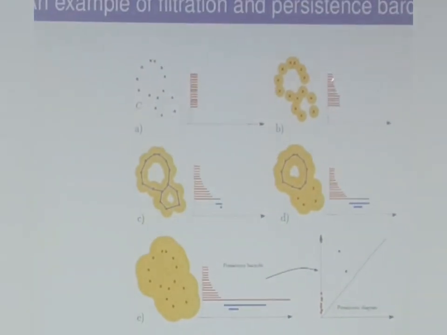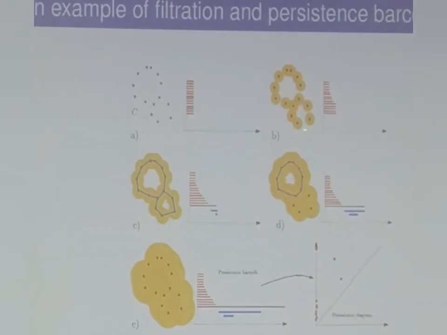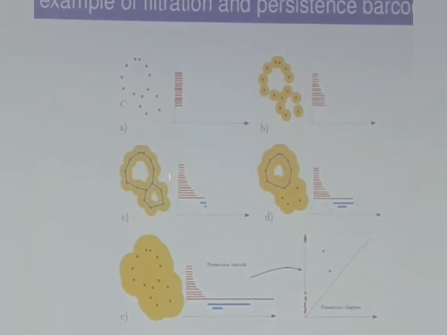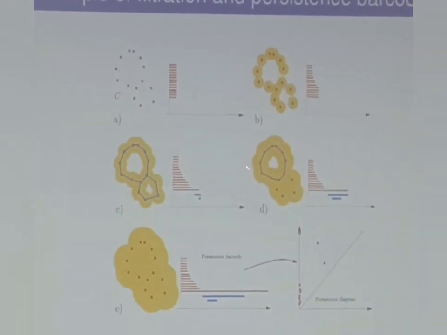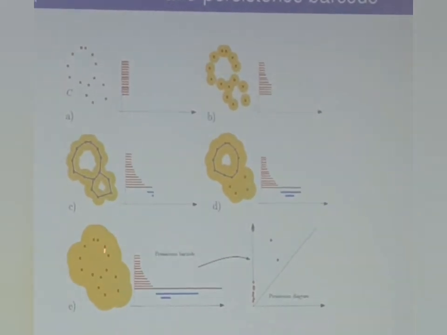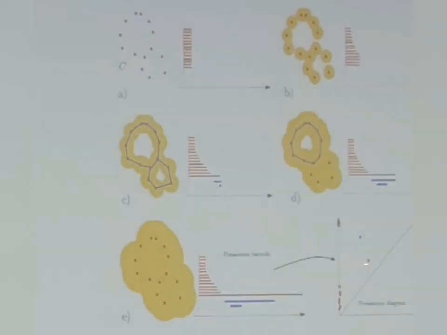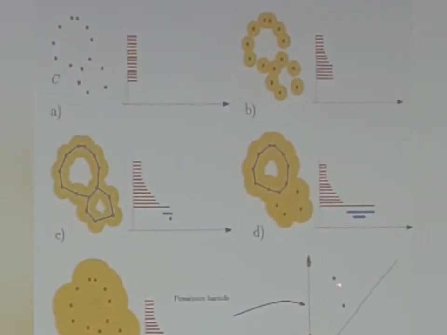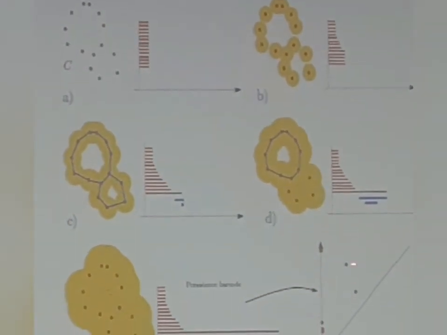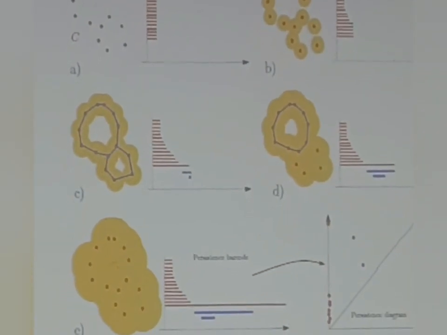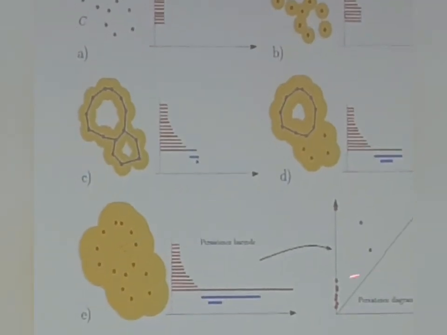Some of them are remaining and some of them are disappearing. Here we have 2 holes, here we have 1 hole, so it is remaining there, and there is nothing there. Corresponding to this observation, we will have this point. So this represents birth and death. Here is death and this is birth. That is known as the persistent diagram.